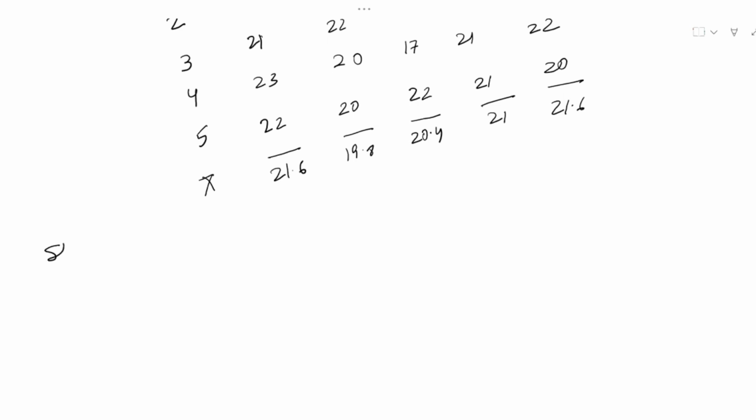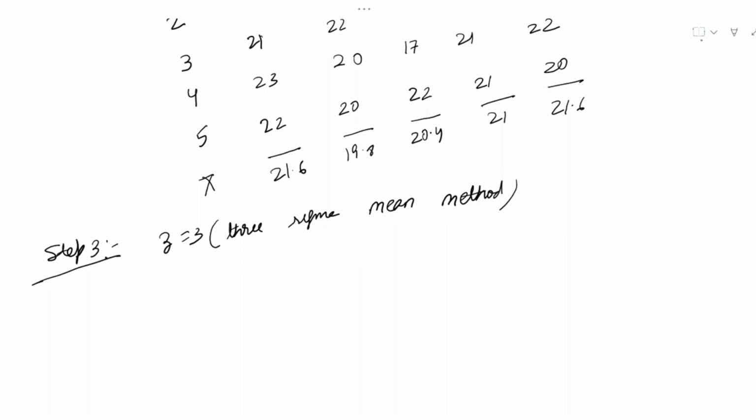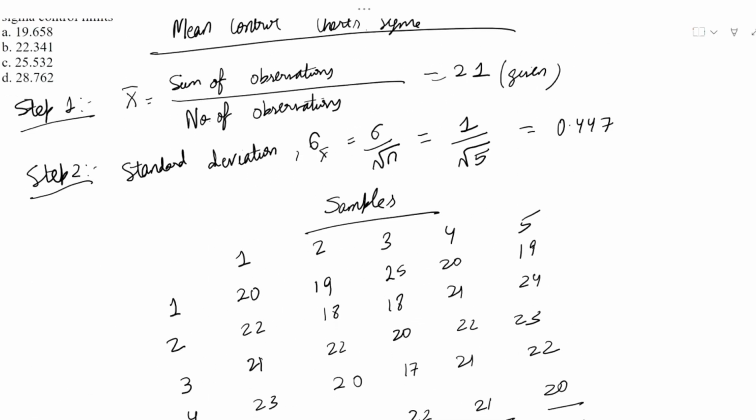Now step 3 is finding the upper control limit. Here z is equal to 3 according to the 3 sigma mean method. N is equal to 5, sigma is equal to 1.